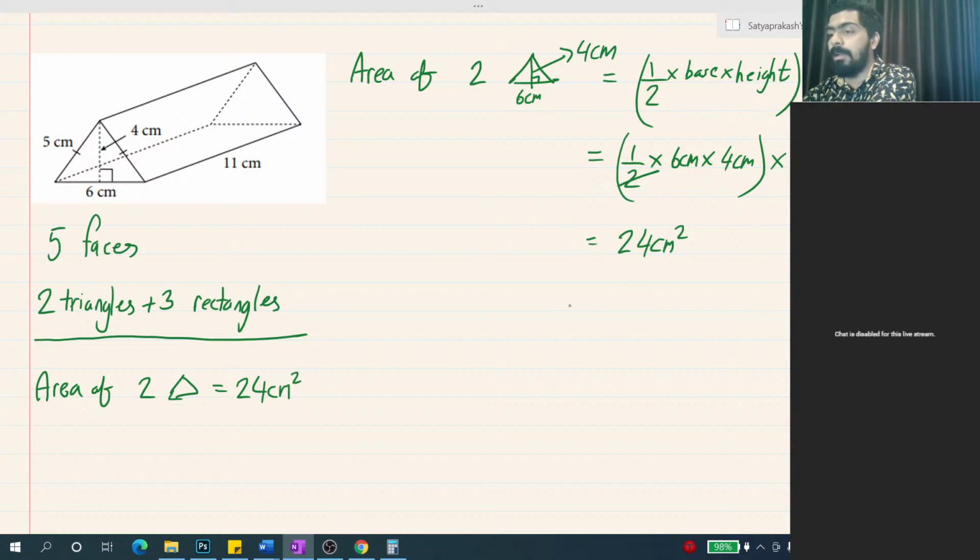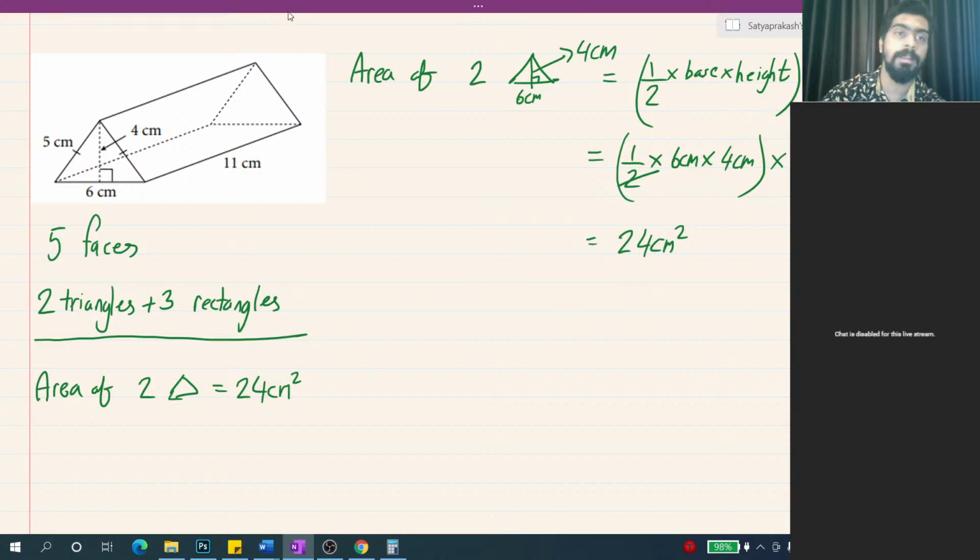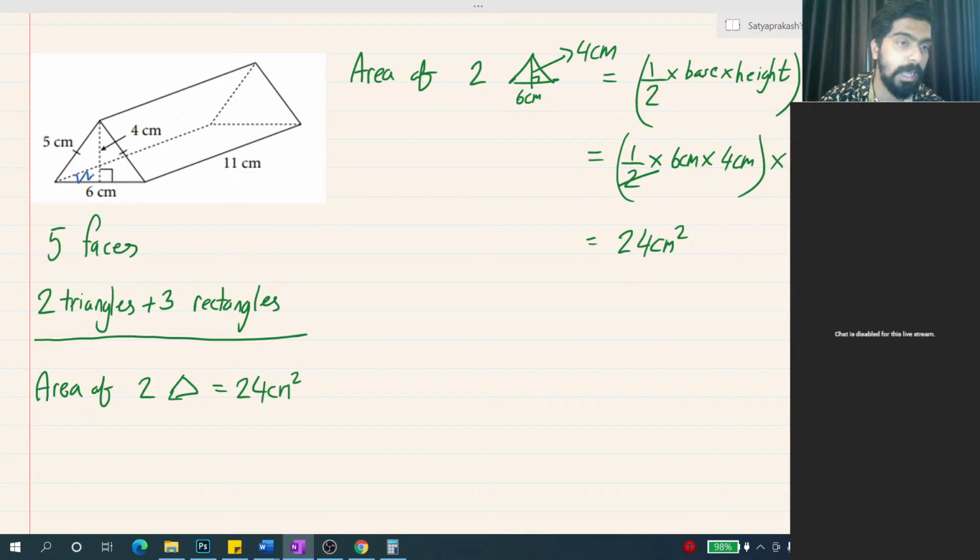All right, now let us start off by finding the area of the base rectangle. So I'm going to find the area of this base right here, okay? Let me write it down, area of base rectangle, which looks something like this, where this is 6 cm and this is 11 cm.